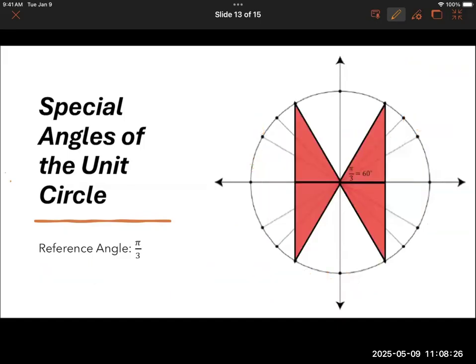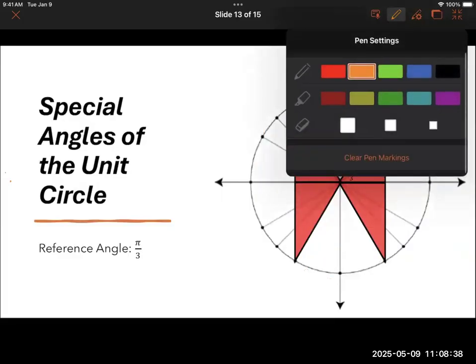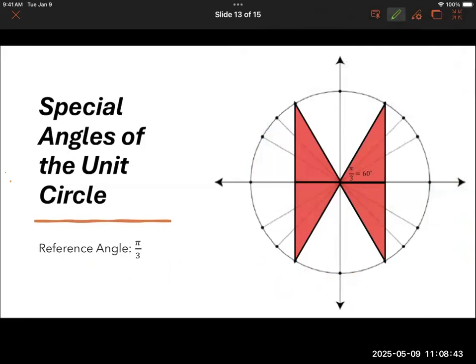Finally, we can do the same thing with our pi over 3, or 60 degrees. And so the same concept applies with our 30, 60, 90. Now let me use green this time so it's a little bit easier to see. We know that if this is the 60, this must be the 30.